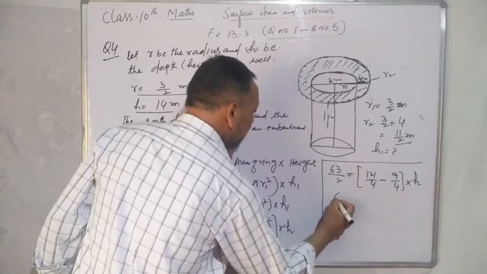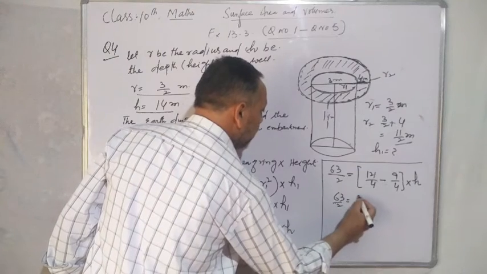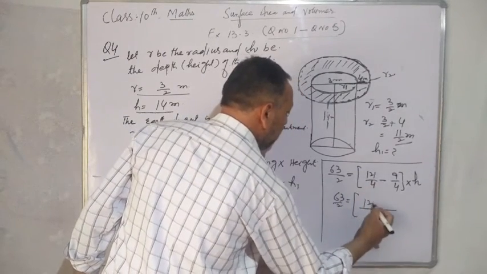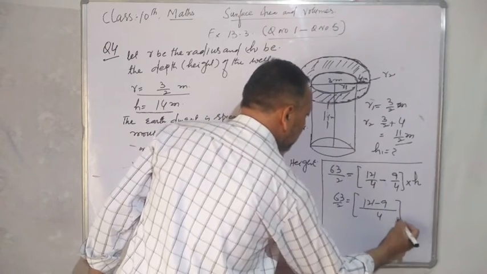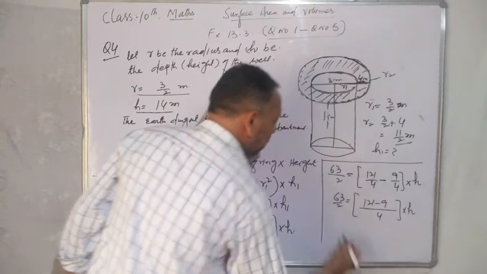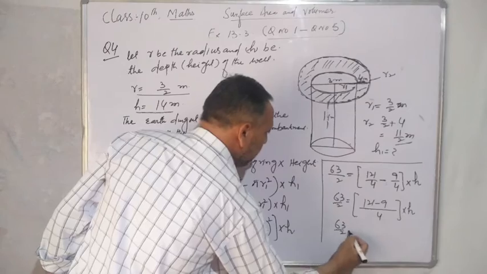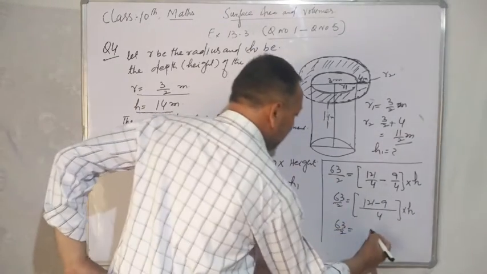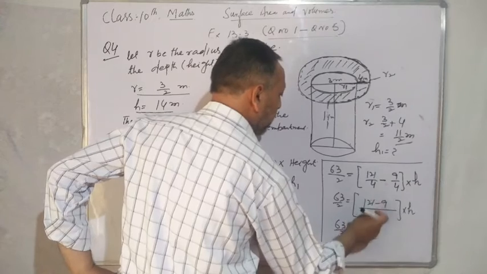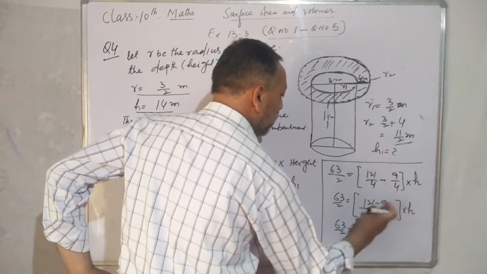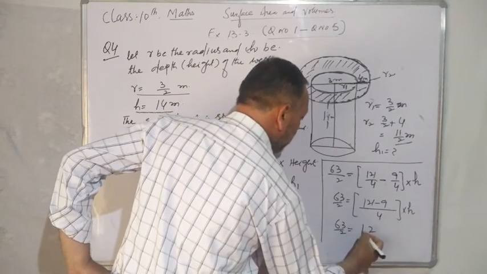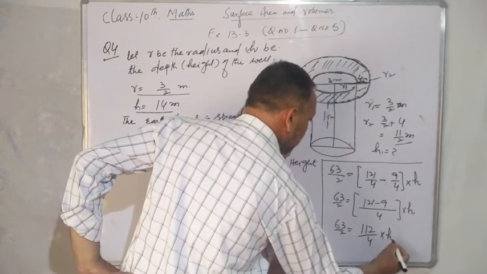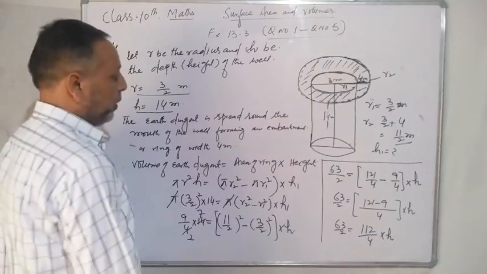यहाँ मैं करता हूँ, so it will be 2 2s are 4, 2 7s are 14, 7 9s are 63, it will be 63/2 is equal to 11/2 whole square, 121/4 minus 9/4 into h. और 63/2 is equal to, यहाँ 4 आएगा एलसीएम, so it will be 121 minus 9 into h, so 63/2 is equal to 112 over 4 into h.